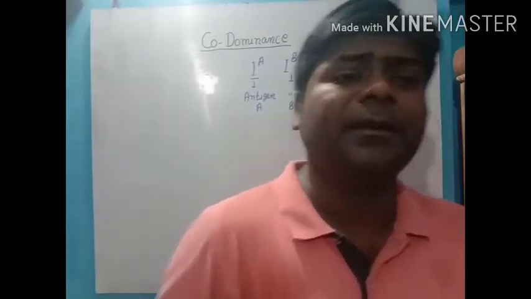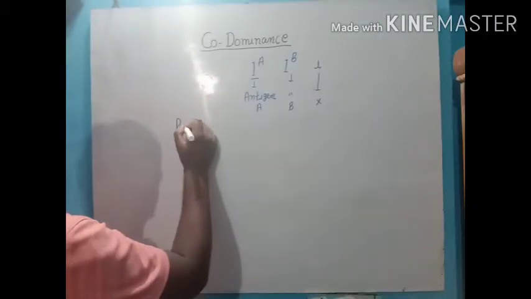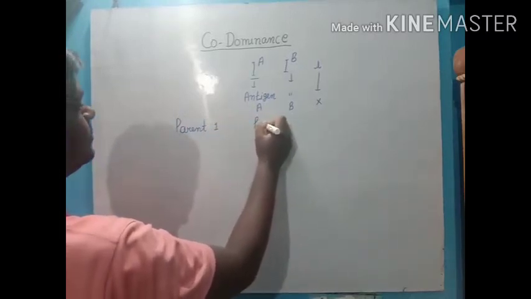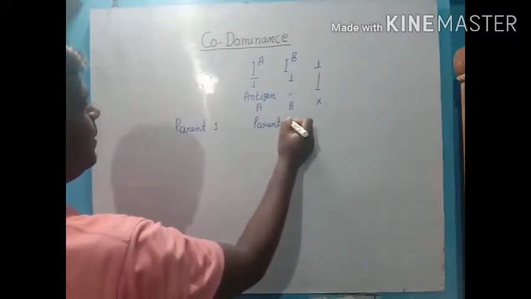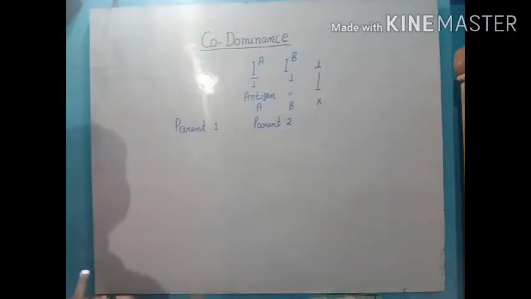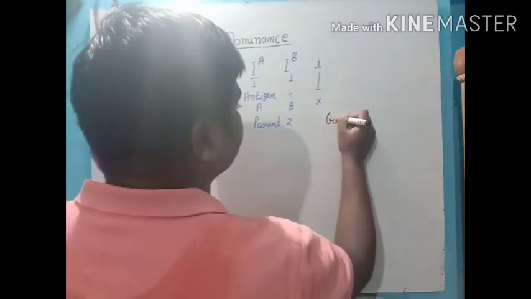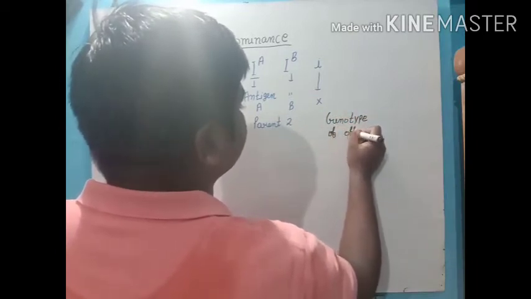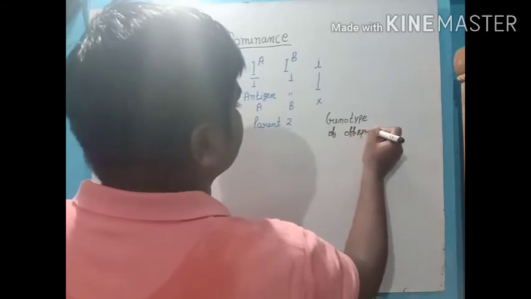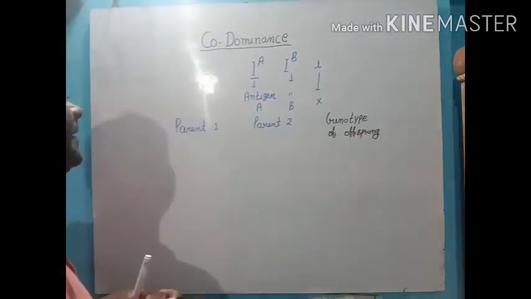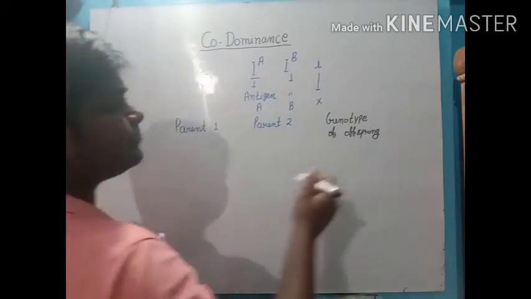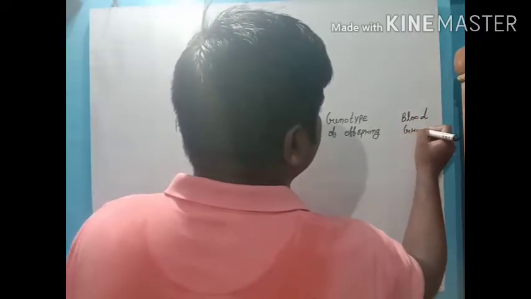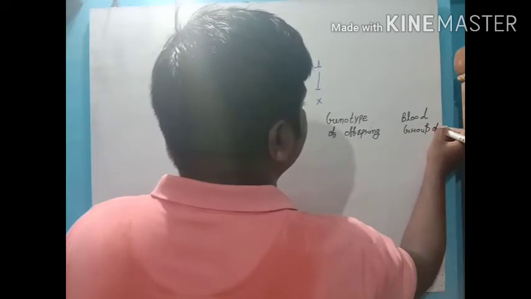It is very simple. We have parent 1, parent 2, then the genotype of offspring, and then the blood group of offspring.